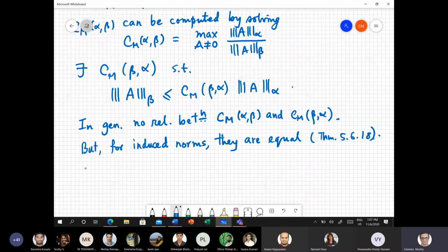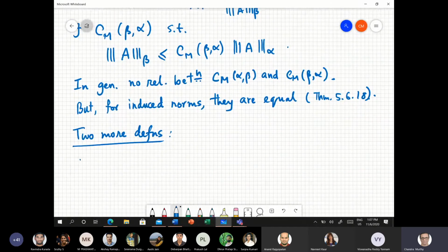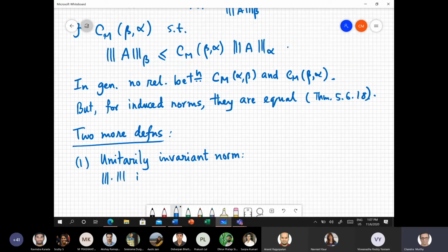Okay, now there's just two more definitions. The first is the notion of a unitarily invariant norm. So we say that this norm is unitarily invariant.